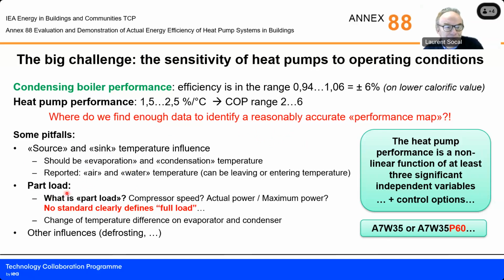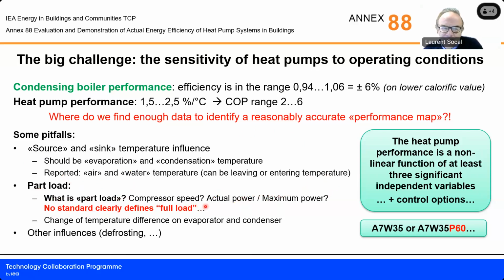And even part load. Just think about, what is part load? Is it compressor speed or a ratio of actual capacity compared to maximum capacity in the given operating conditions? And there are things that no standard, at least to my knowledge, clearly defines, like full load.